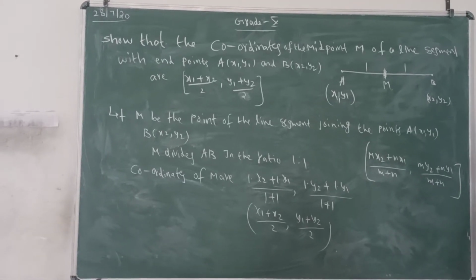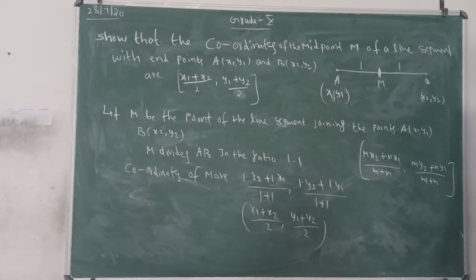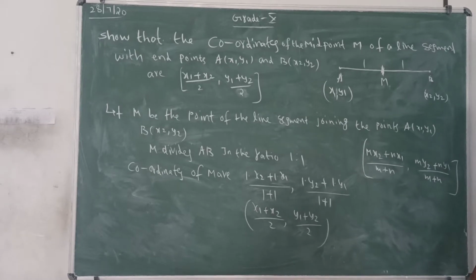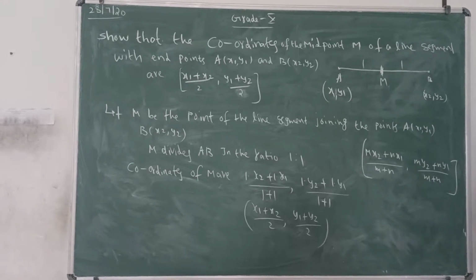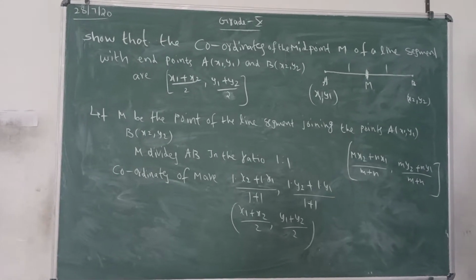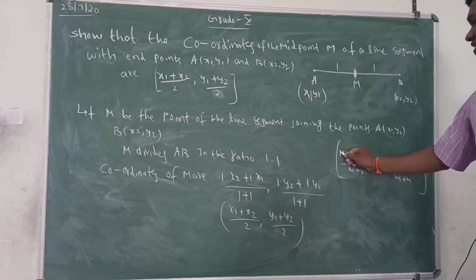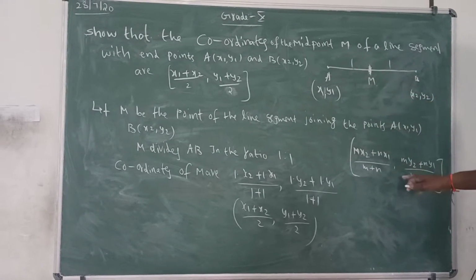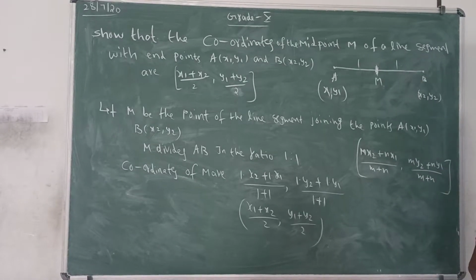We just saw the theorem: (mx2 + nx1)/(m + n), (my2 + ny1)/(m + n). See here, this m is 1 and n is also 1.